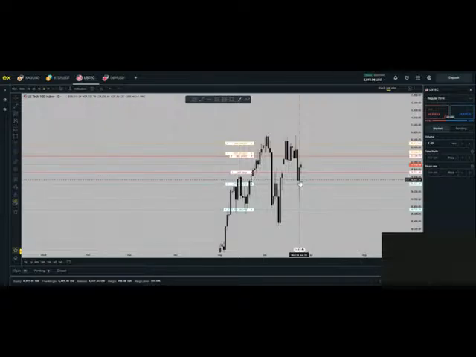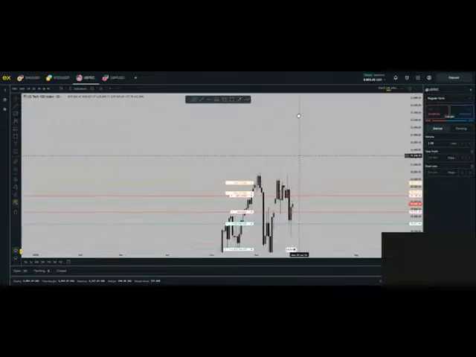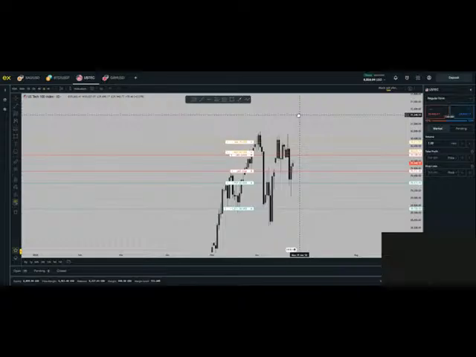That's why I'm hesitating to take any sells around this place, because buyers could have acted so much, pushing price so hard that we break through here, ending up making new all-time highs into new price discovery zones.